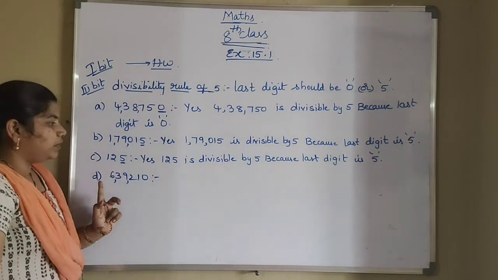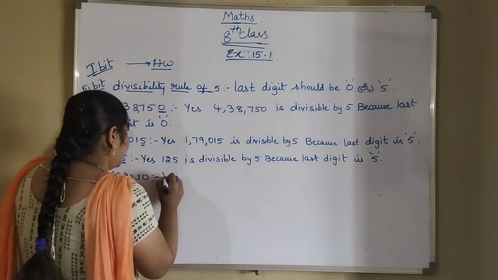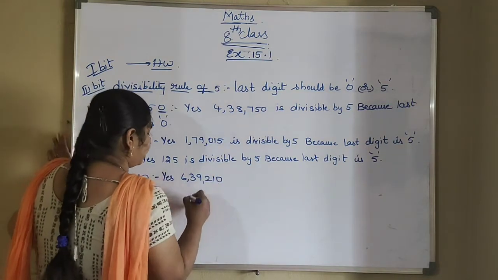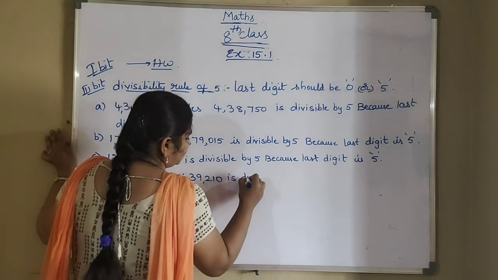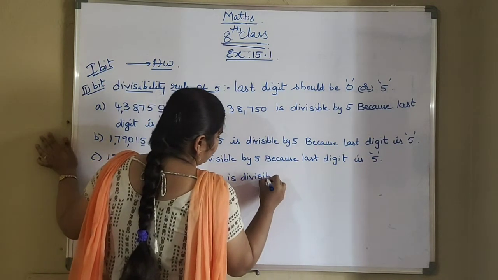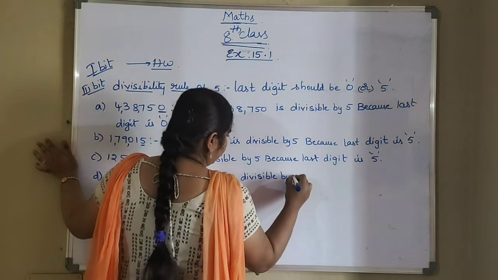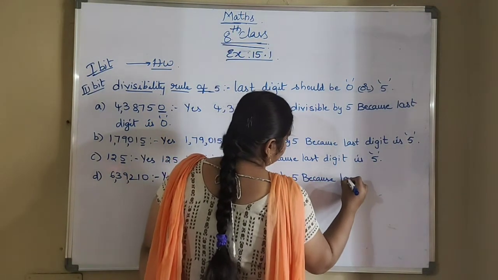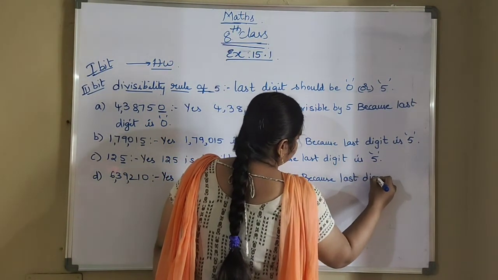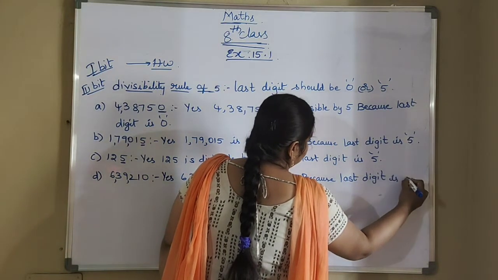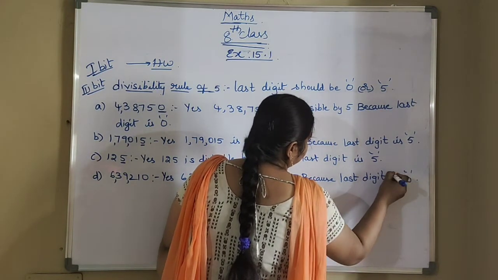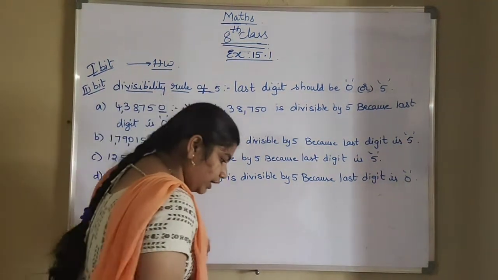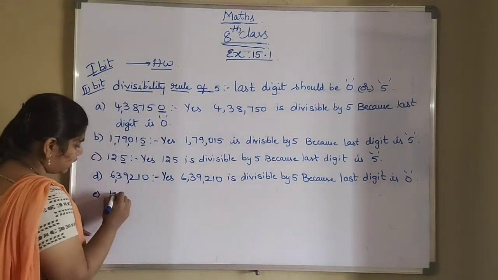So the whole number will also be divisible. So yes, 6,39,210 is divisible by 5 because last digit is 0.